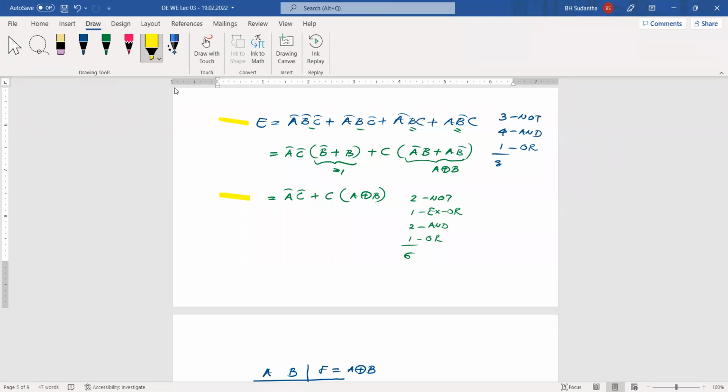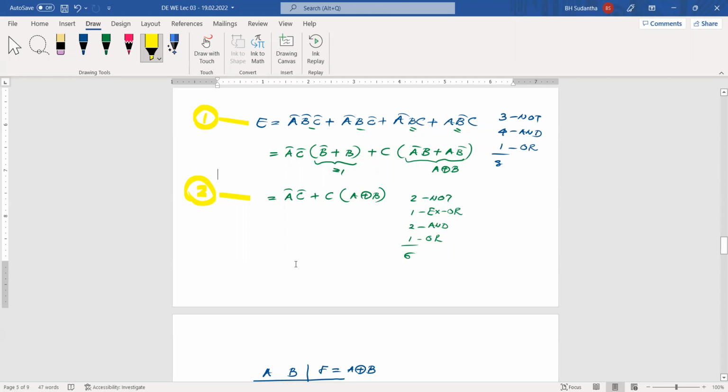Okay. Then what do you think? If this is the first equation and this is the second equation, which one is the best one? First one or second one? Second one. Yes, good. Why the second one? We have used fewer gates.